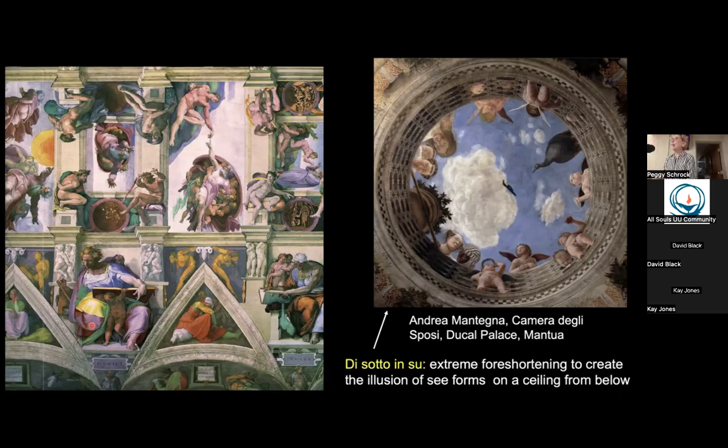How many years did it take him to do? Several, yeah, from 1508 to 1512. Michelangelo's David was 3 years. This is longer. Was this alone or did he have assistants up there?